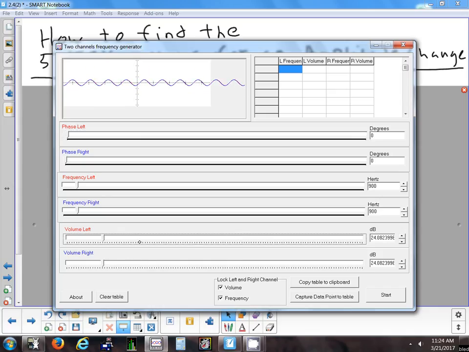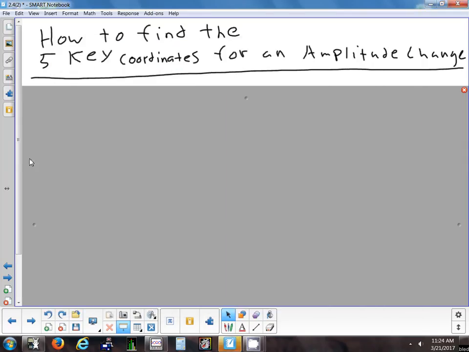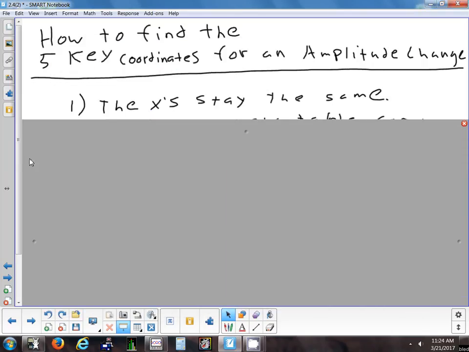What values are changing there as I move that slider? Yeah, it's the y values. Things are moving up and down. That's all that's happening. So, if the y values are what are changing, then it's the x's that are going to stay the same.